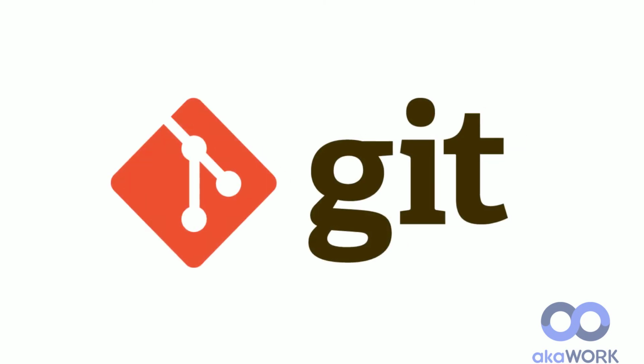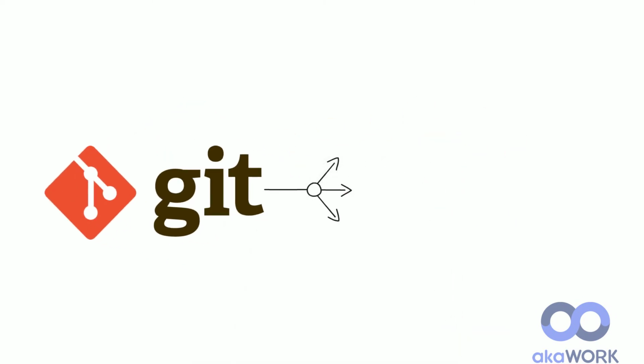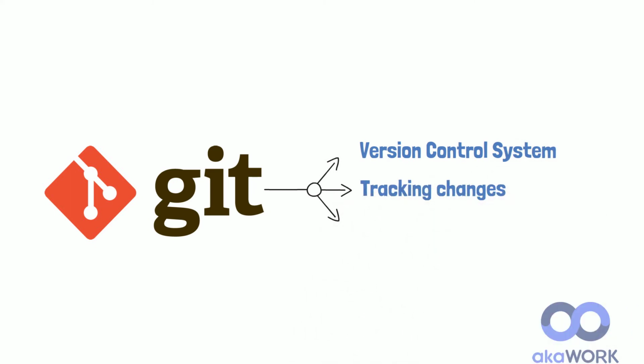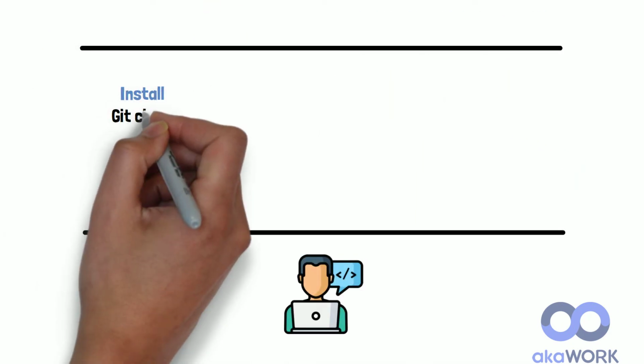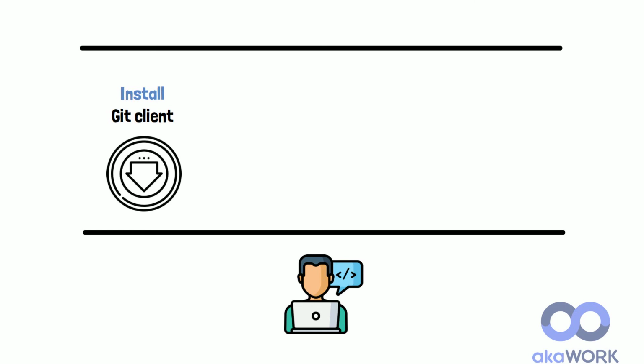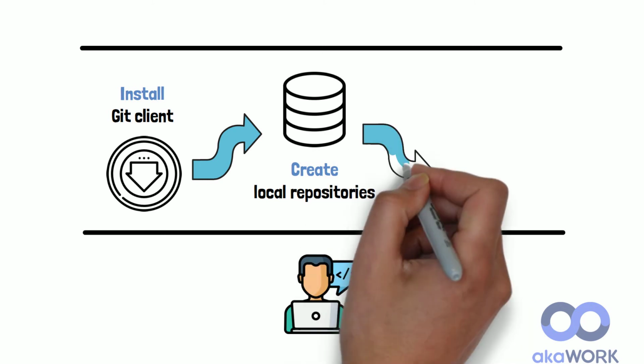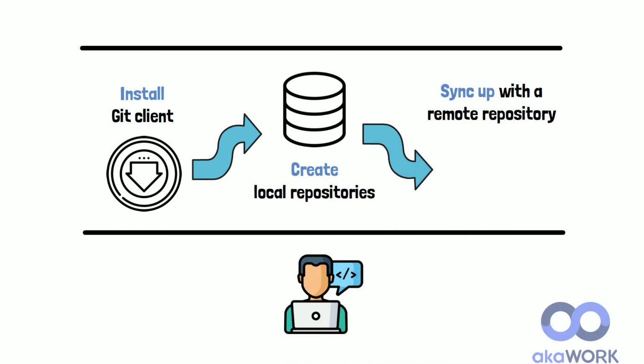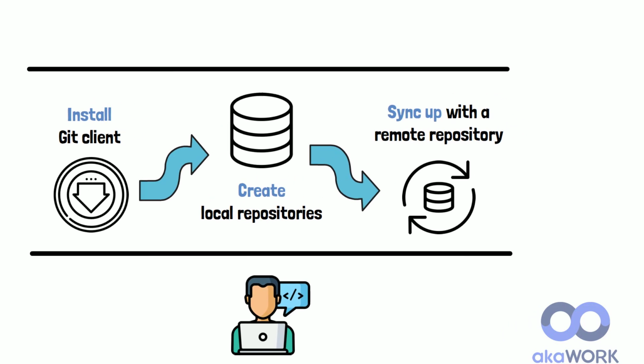Git is a version control system for tracking changes in our project files over time. It is generally used for source code management in software development. As a developer, you will install a Git client on your machine and you can create a local repository of a program on your machine, and then you can sign up with a remote repository like GitHub, GitLab, or Bitbucket.